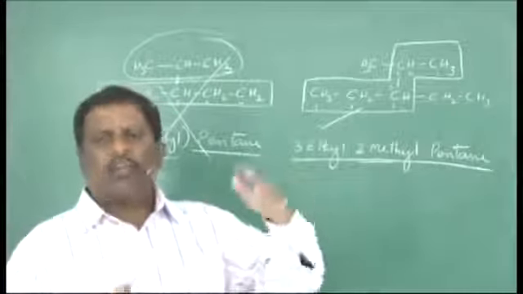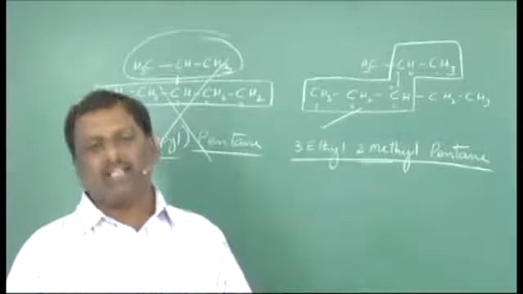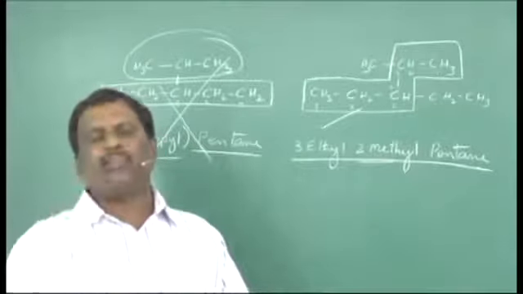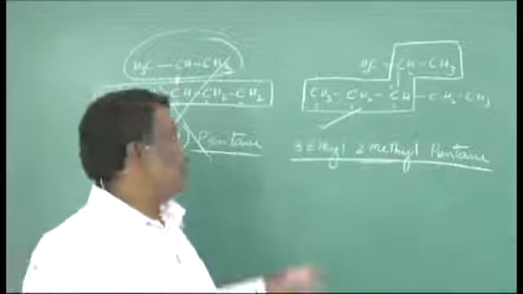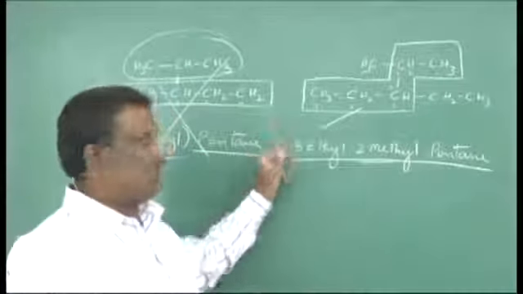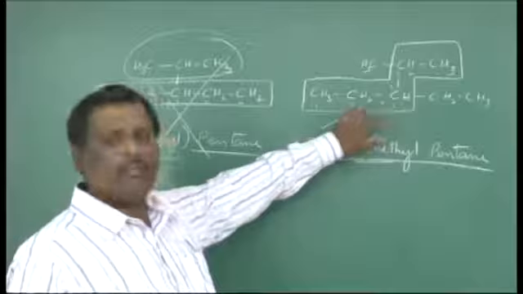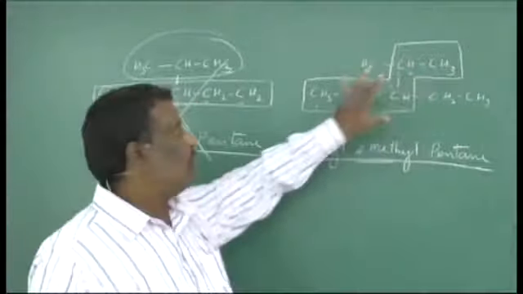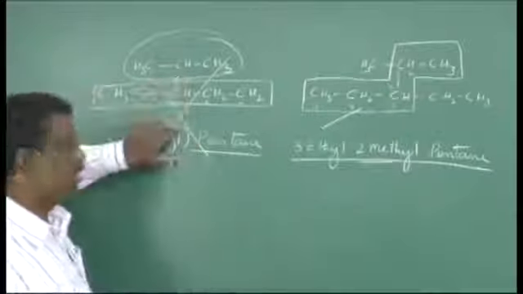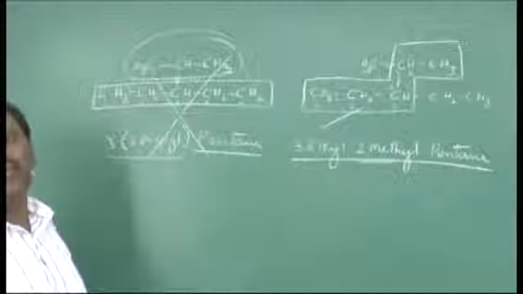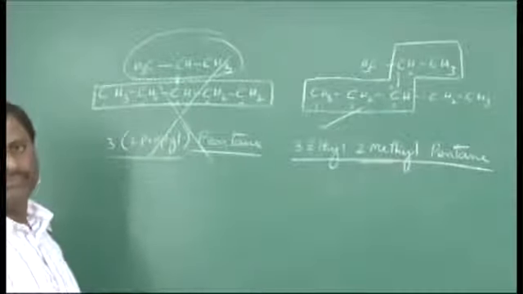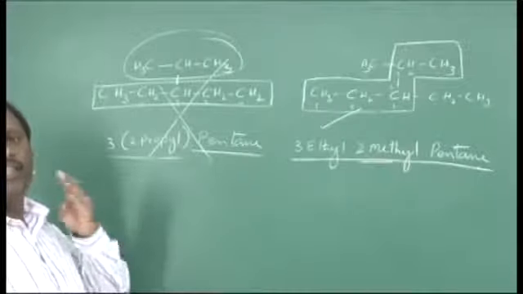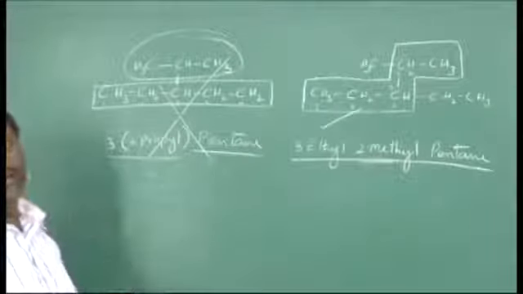By whichever way you get more side chains, that chain should be taken as the main chain. Particularly in this case, this should be taken as the main chain, because this way you are going to get two substituents, whereas by this method you are going to get only one substituent or one side chain. This is another important rule that we have to follow.